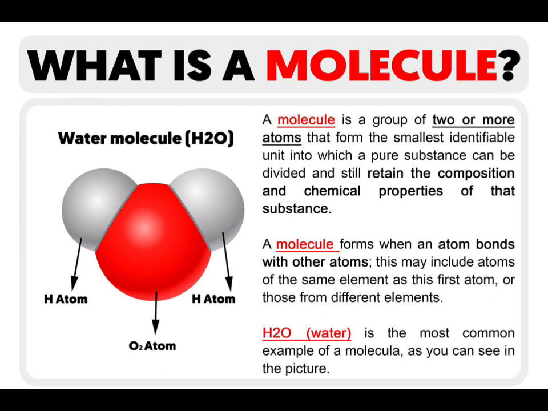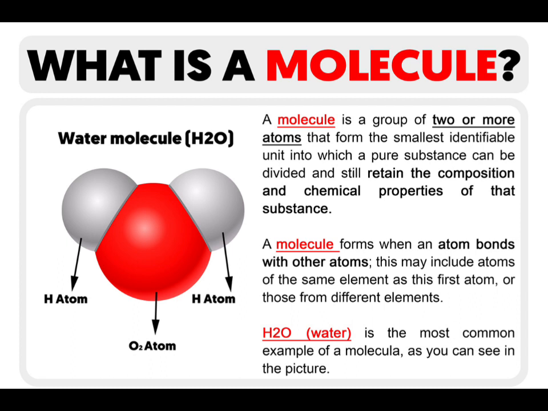Take for instance hydrogen. Hydrogen is an atom. If we add another atom of hydrogen to it, we form H2. That H2 becomes a molecule of hydrogen. A molecule is formed when 2 or more atoms are joined together.